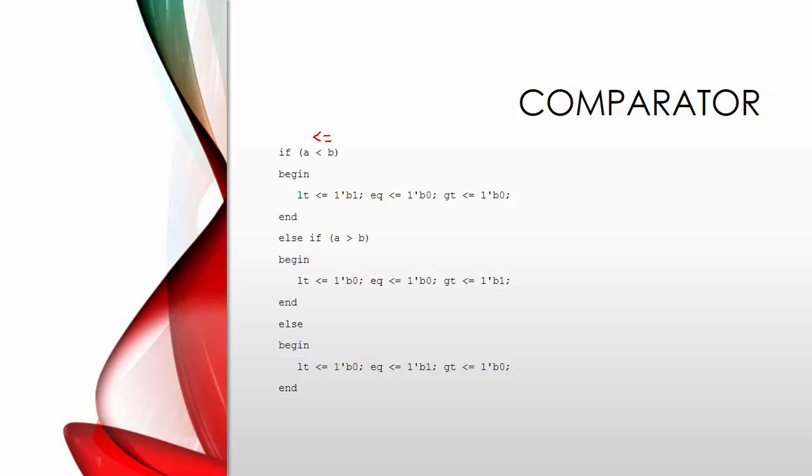You have to add one more output to reflect LE. And if you put greater than or equal to operator in this case, you need to add one more, or two more if you want both outputs LE and GE to reflect the condition that you are testing.